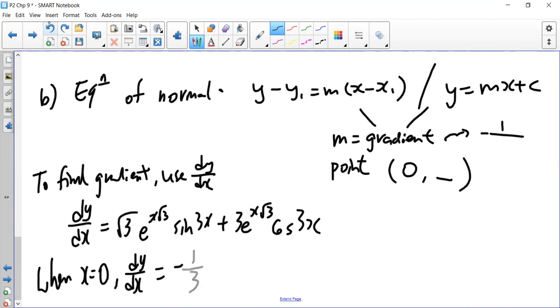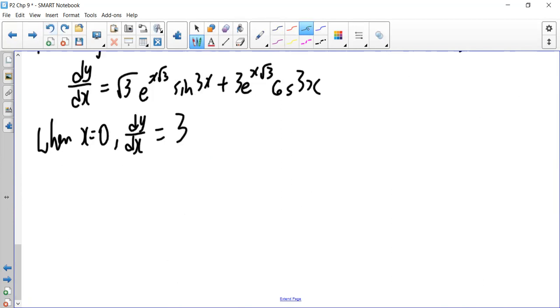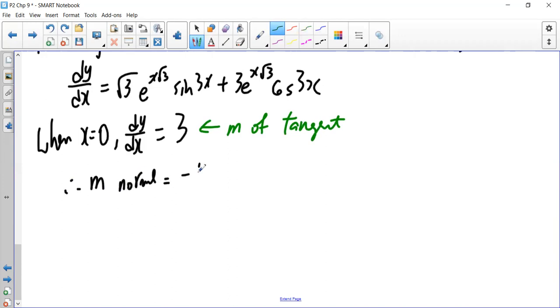Oh no, actually, you should get 3. So this is the gradient of the tangent. Therefore, the gradient m normal equals negative a third, the negative reciprocal.